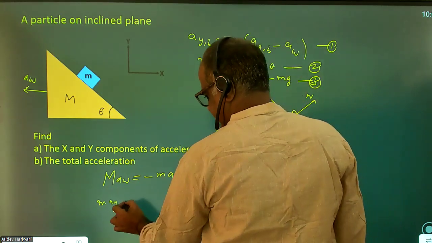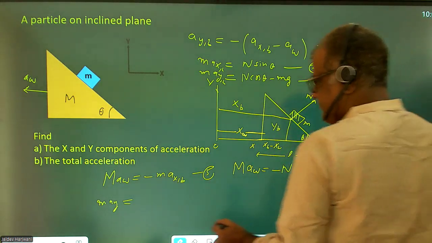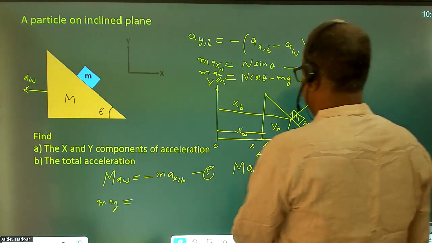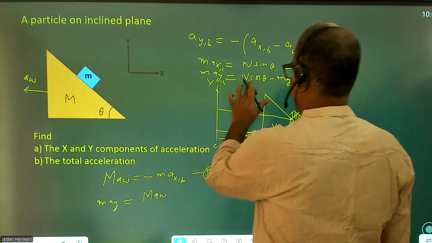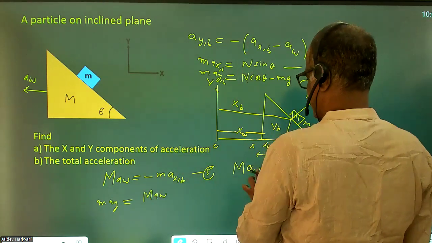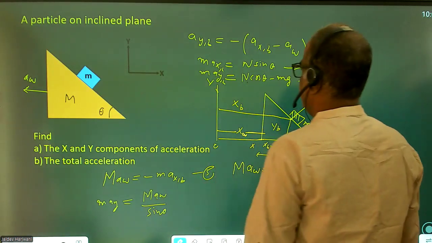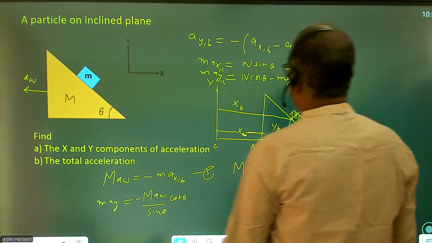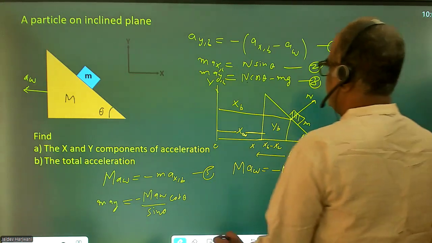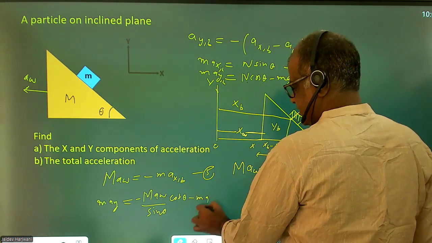So N cos theta minus mg. The N value I can put from this equation, so this is m a wedge upon sine theta, and then you have a minus, and then you have a cot theta, and then minus g.